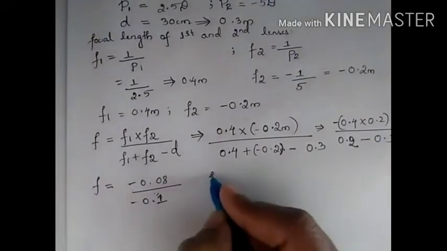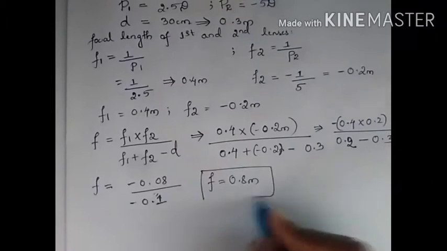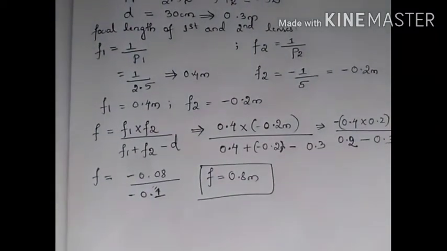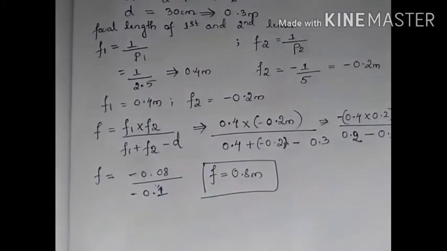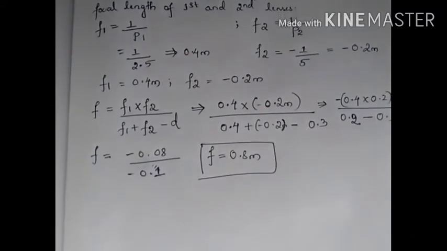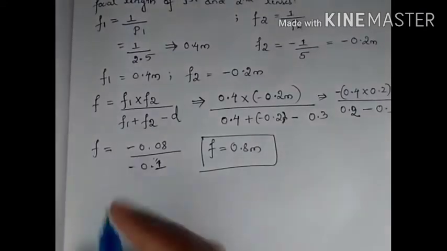So you get F is equal to 0.8 meters. This F denotes the equivalent focal length of the two thin lenses separated by a distance of 0.3 meters or 30 centimeter. Now let us find the position of the first principal point.